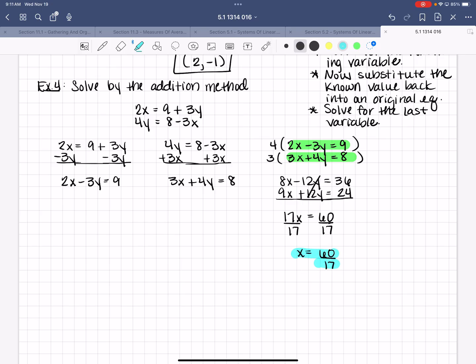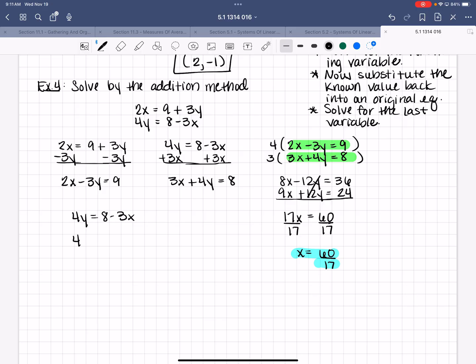Now we need to take that and put it back into one of the originals. Guys, since you know x, I would probably put it back into that second one because you've already got it set up where y is on one side by itself. So I'm going to take 4y equals 8 minus 3x, and I'm going to put that 60 over 17 in there.